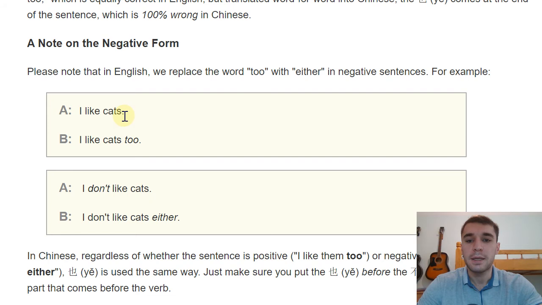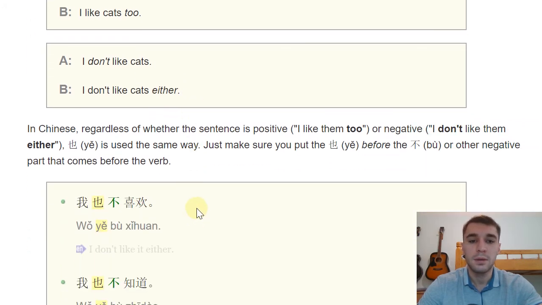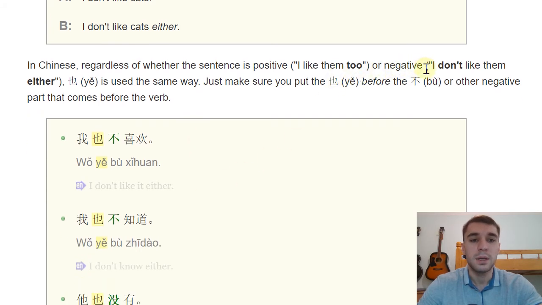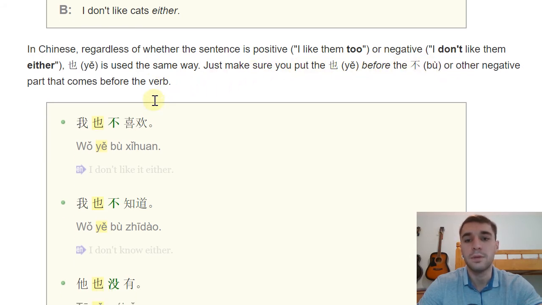So, I like cats. I like cats too. I don't like cats. I don't like cats either. So in English we say either, in Chinese just 也. I like them too, or the negative, I don't like them either, just the same way. Just make sure you put the 也 before the 不 or other negative word.